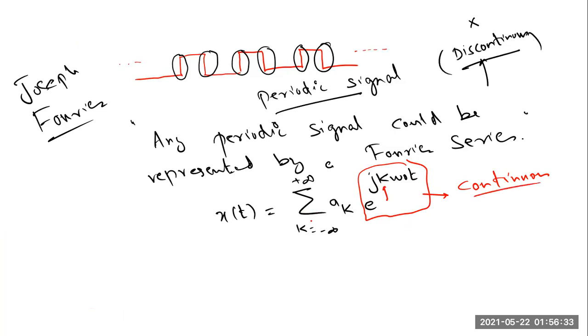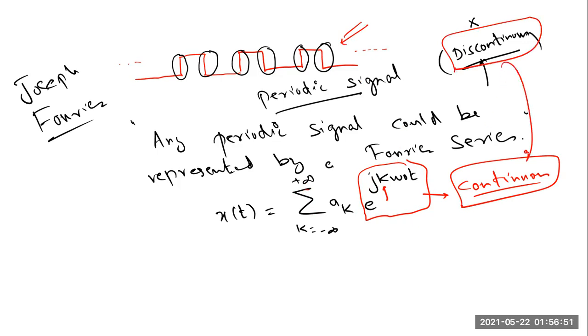So they were not ready to accept this idea that by adding, of course, when you say linear combinations, you are adding a number of continuous signals. The scientists were not ready to accept that a signal like this, which is discontinuous, can be represented by addition of continuous signals. That was the major objection to the idea of Fourier.